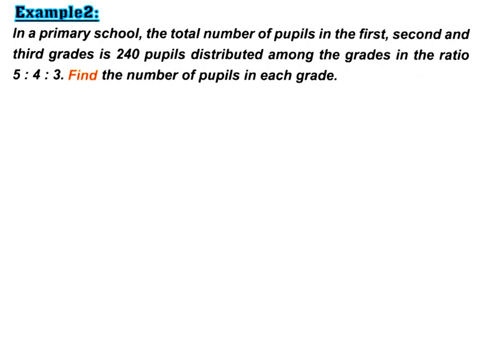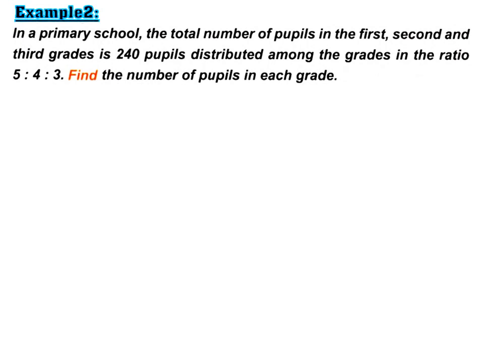The total number of pupils in the first, second and third grades is 240 pupils, distributed among the 3 grades in the ratio 5 to 4 to 3.